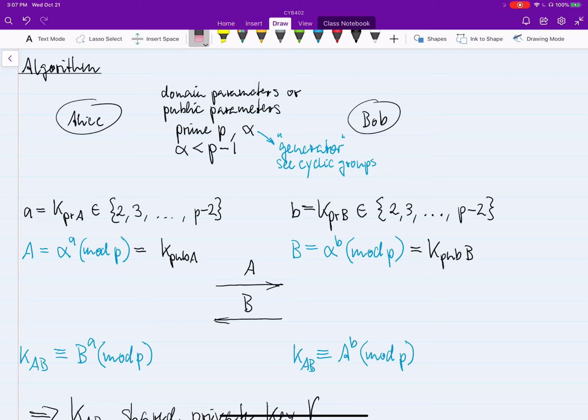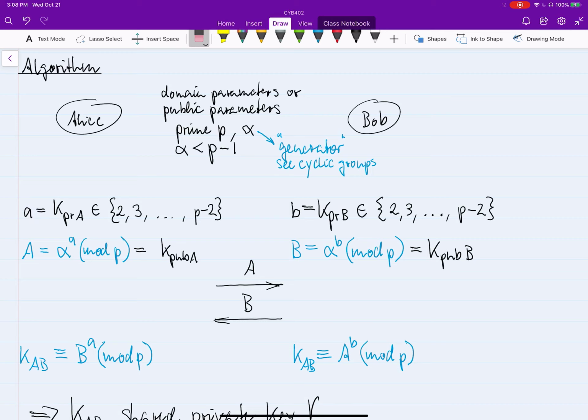Once these parameters have been agreed upon, Alice chooses a private key, which we call small letter a, and it is chosen out of any number smaller or equal to p minus 2.